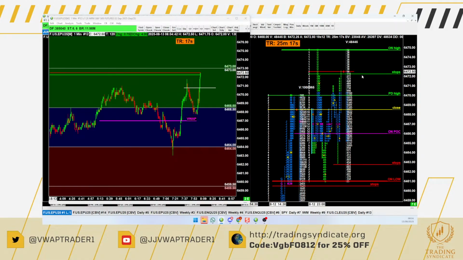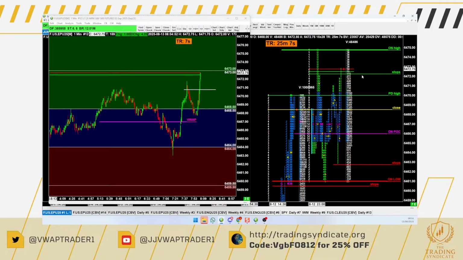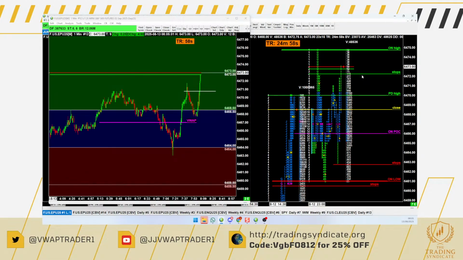Now, my only sin was not holding the trade longer, but that's the first trade I've taken. And actually, this is the first time I've been trading while walking on a treadmill. So now let's see if we can creep up to that overnight high and take it out.